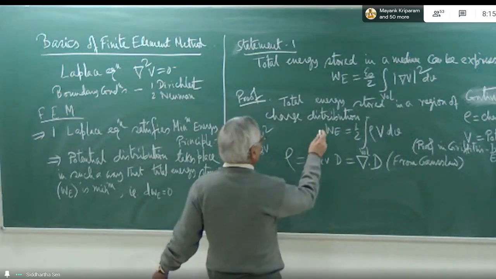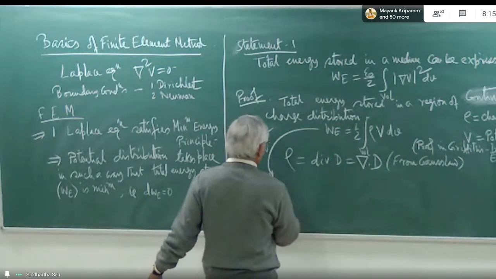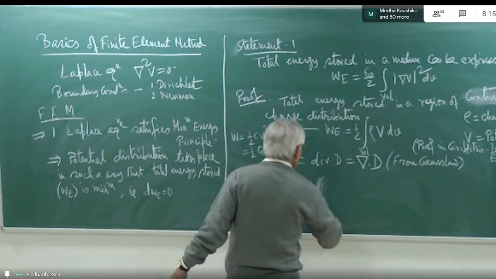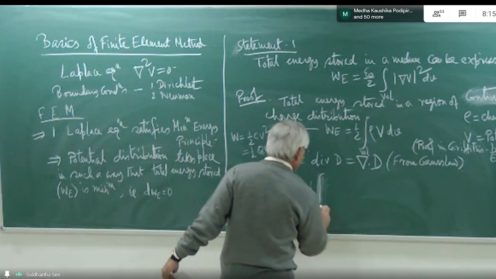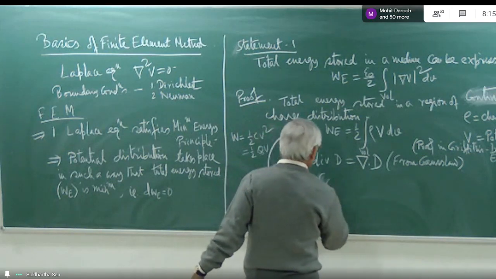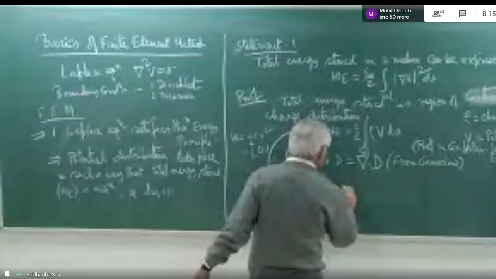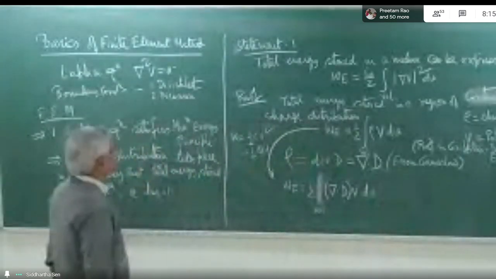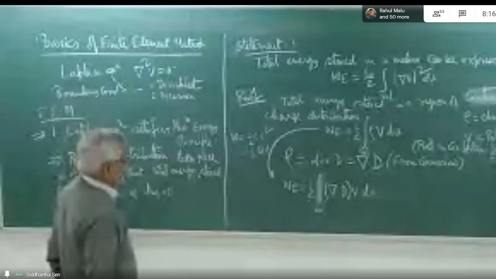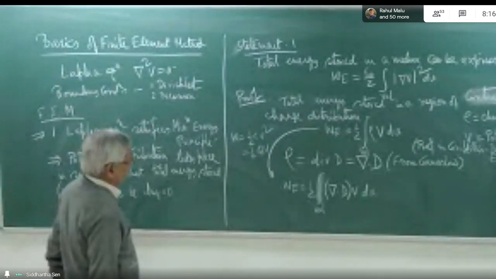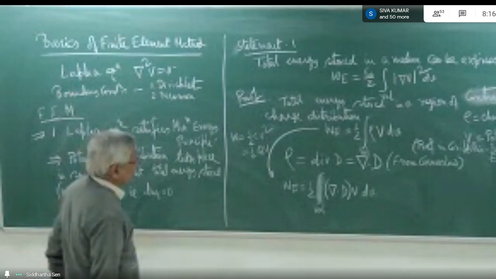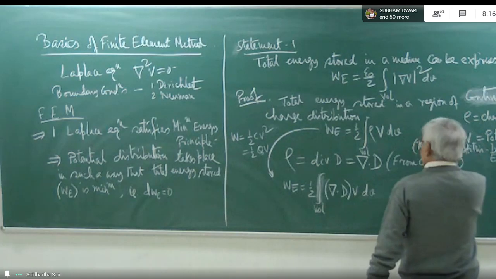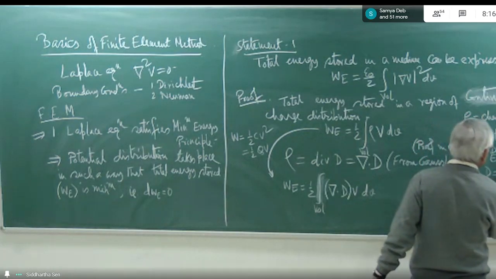So from these expressions, we can say that WE is equal to half into volume integral of nabla dot D into V into dv. So this is our basic expression there. Volume integral is equal to nabla dot D into V. So D, we know, is the charge density.